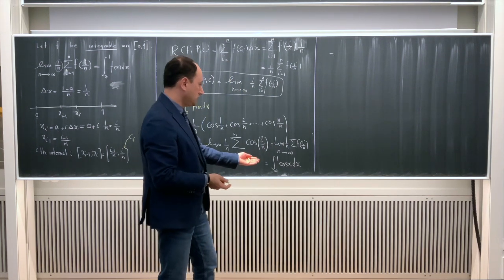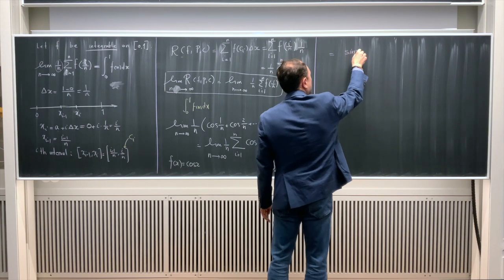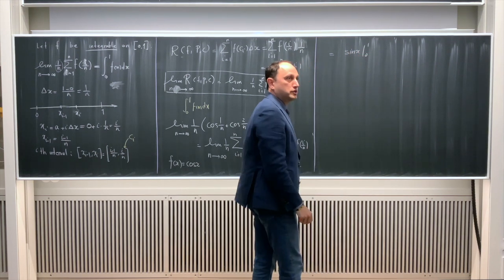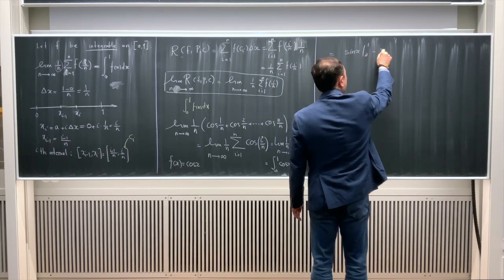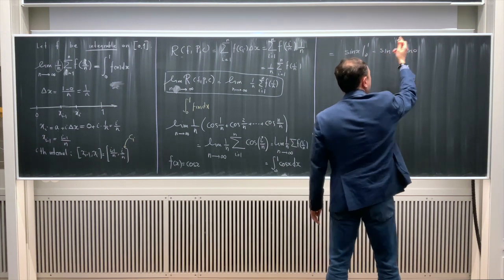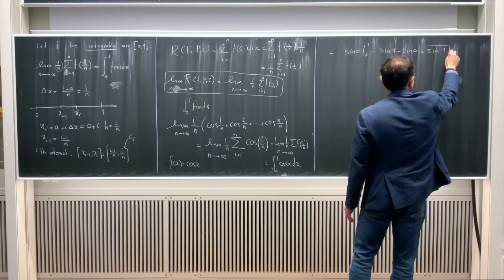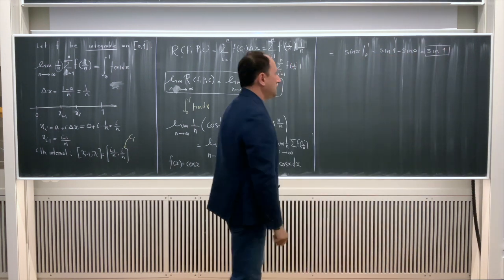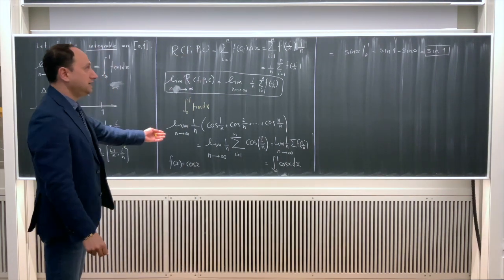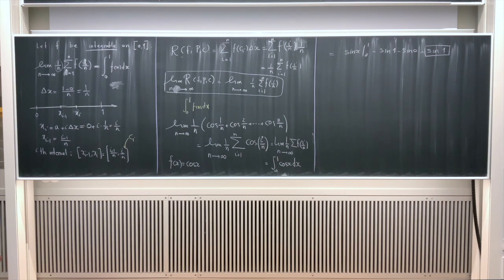The primitive function for cosine is sine, so you calculate it between 0 and 1. This becomes sine of 1 minus sine of 0. Sine of 0 is 0, and sine of 1 is just sine 1. Remember, 1 is in radians. So maybe you couldn't guess this value, but the limit is sine of 1 radian. Is that clear?